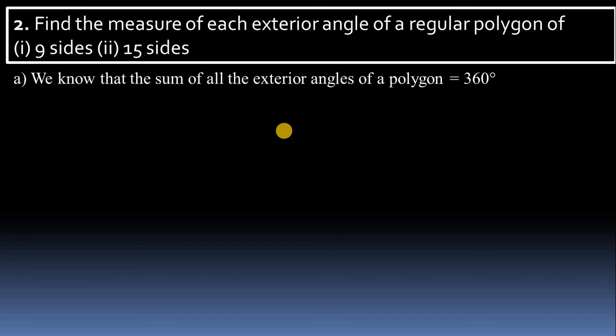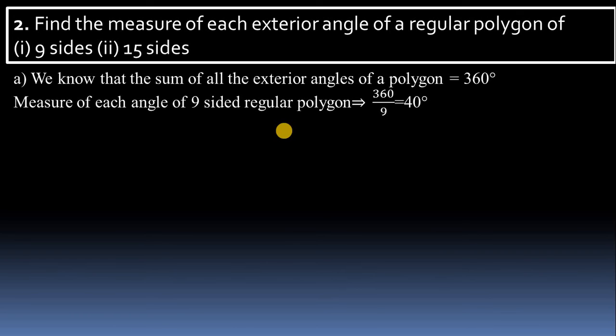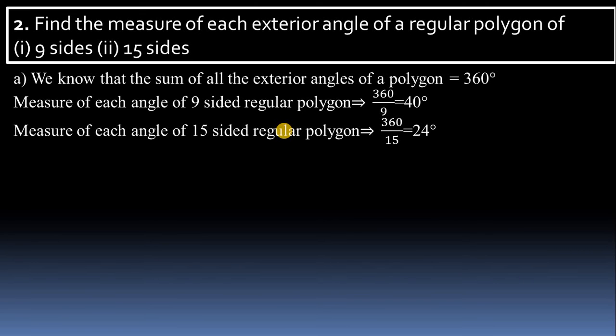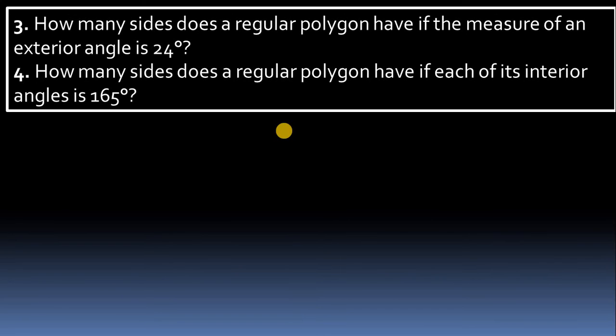So you divide this by 9 to get one angle, because they are asking for each exterior angle. So 360 by 9 is 40, so one angle is 40 degrees. Next one is 15 sides, so dividing by 15, the angle is 24 degrees. Very simple question.